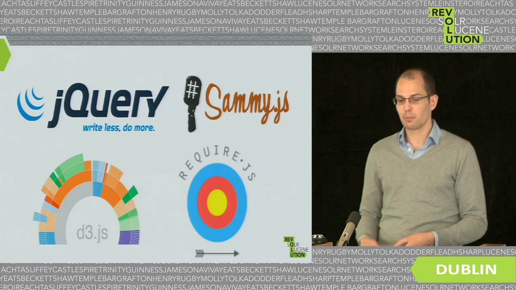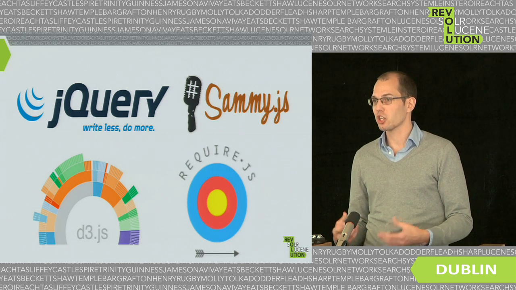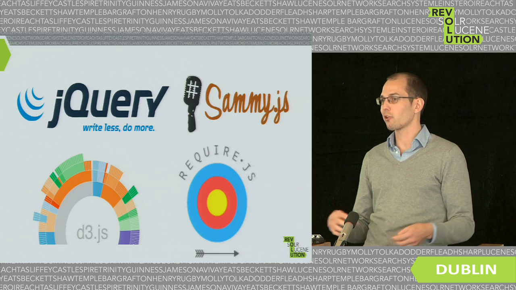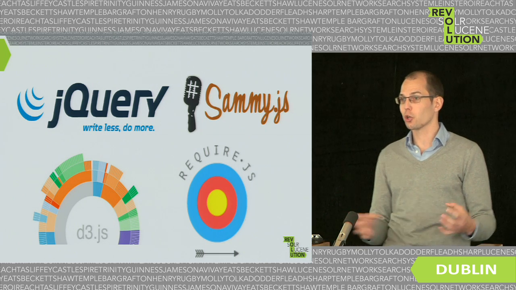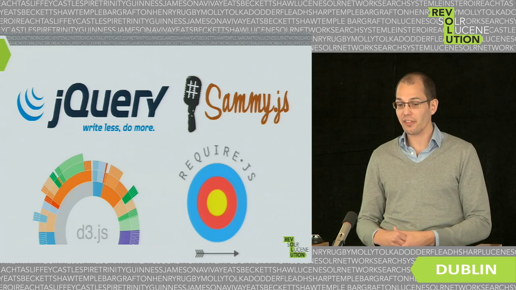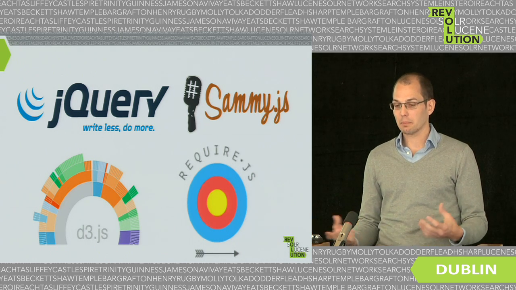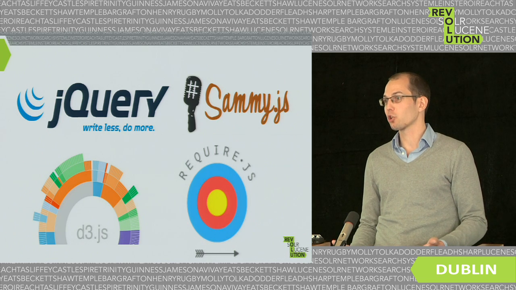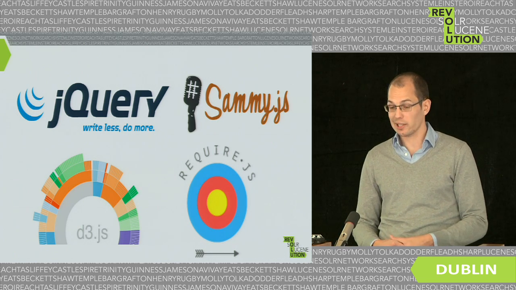D3 is a rendering library for JavaScript we use to render the cloud graphs to show you the relation between the collection and the shards and replicas. And require.js is, simply put, dependency management for JavaScript, because you need it there as well.